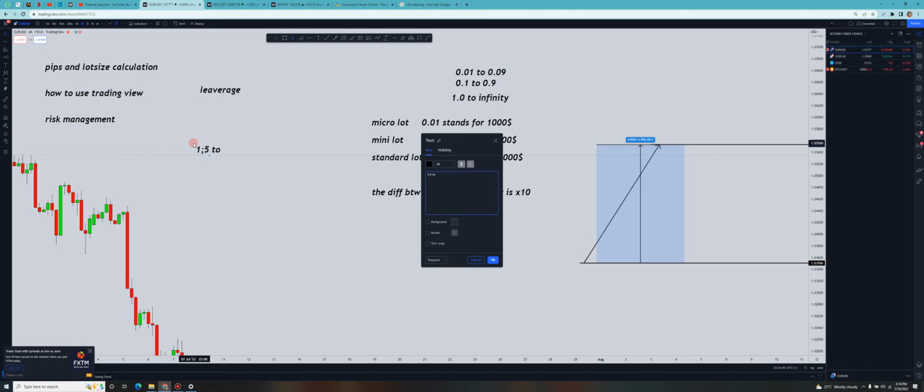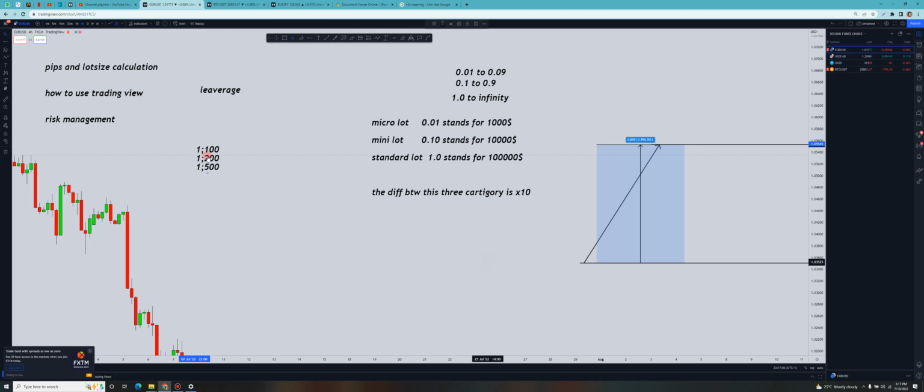Let's just say different leverages: 1:100, 1:200. We even have 1:500. So they ask you to choose the leverage that you want to use on your account. Once you choose your leverage, if you choose 1:100, any amount you deposit with that broker, they will multiply the money by 100.